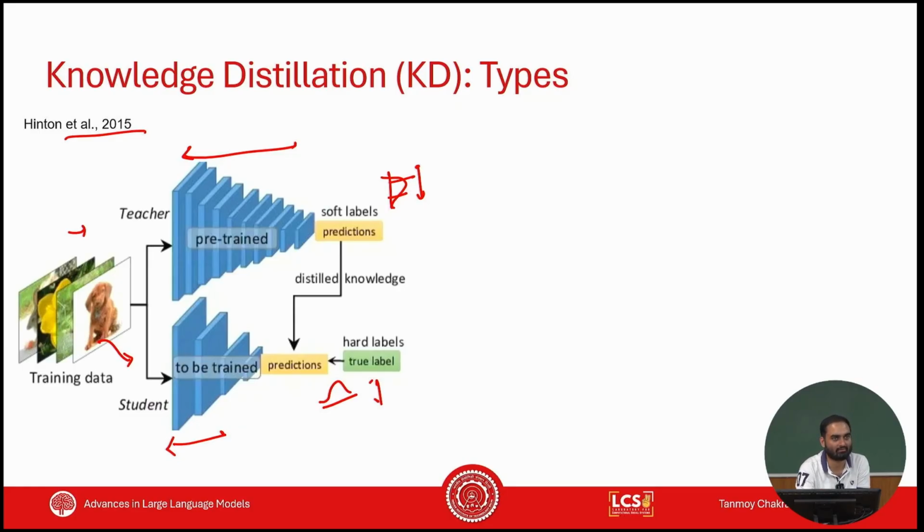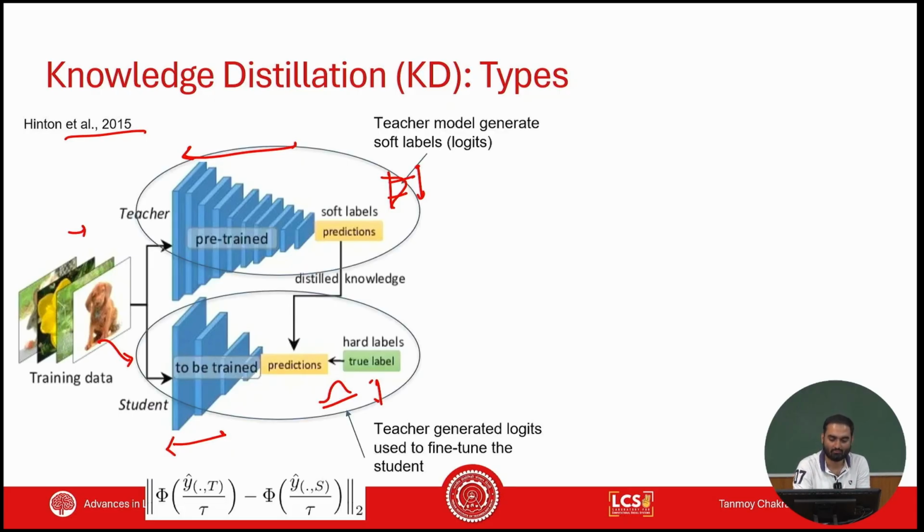And the distillation, what is the target of the distillation? The target is to basically minimize the difference between two distributions. The idea is that the more you minimize the difference between two distributions, the closer the student model will be towards the teacher model. So what's the loss?